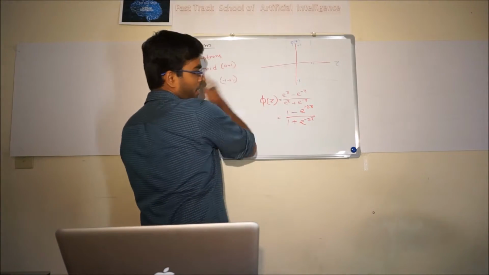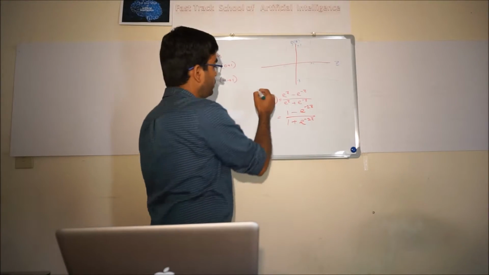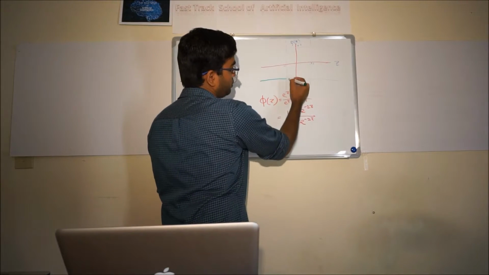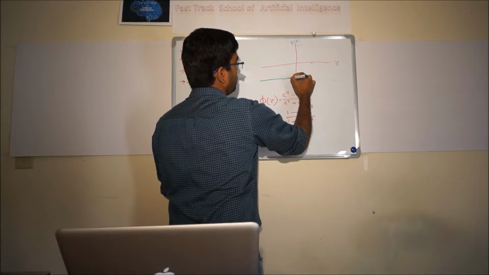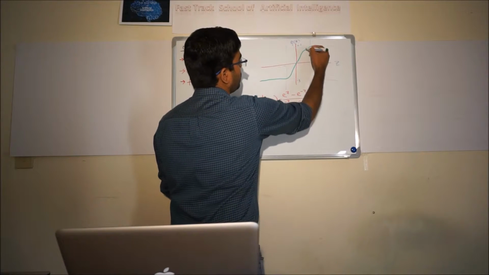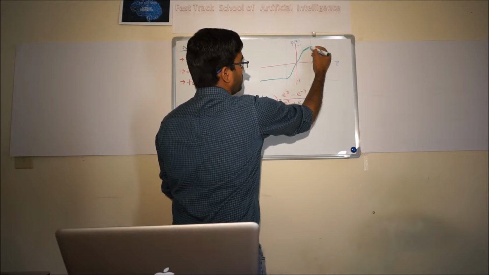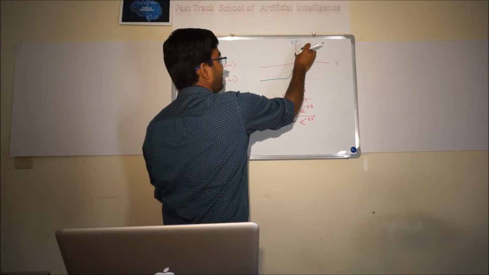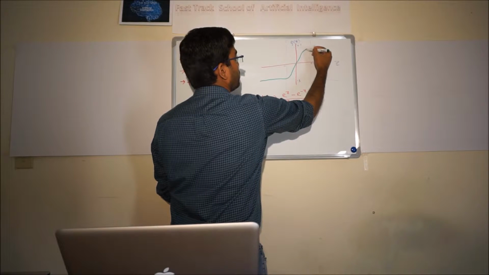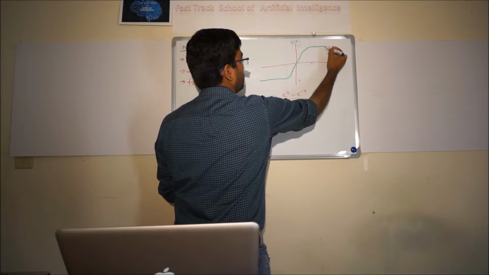If it is far negative, beyond minus 1, it will go like this. From this point, it will start shifting smoothly toward it.